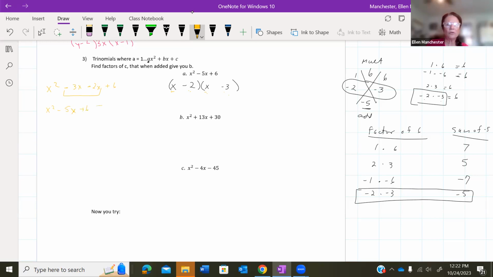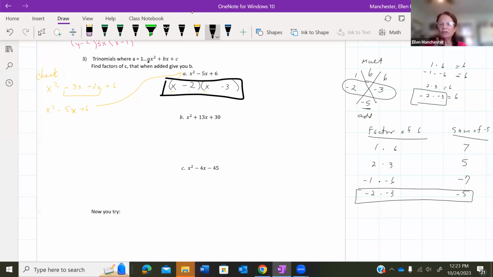You see, I am right back to where I started. So again, this is the check. Did you do it correctly? Once I see I did it correctly, this is my answer. Those are my factors that when I multiply them together, I get x squared minus 5x plus 6.